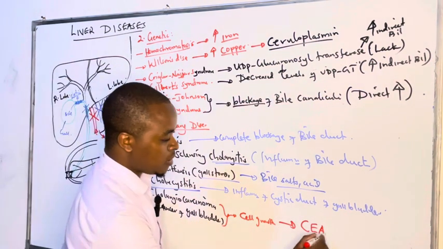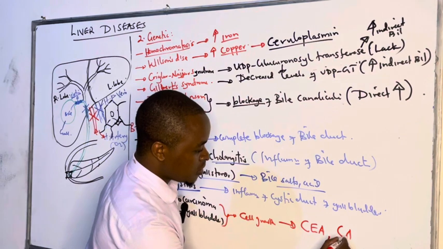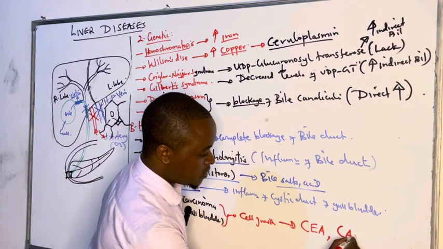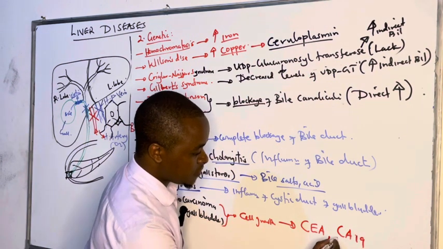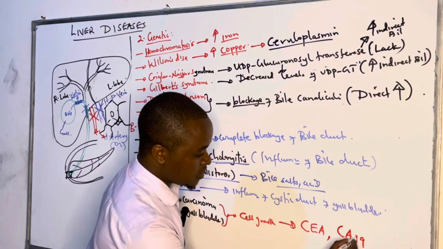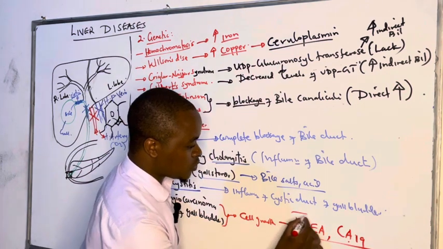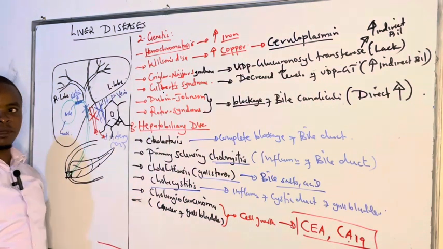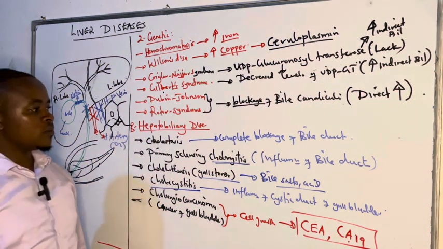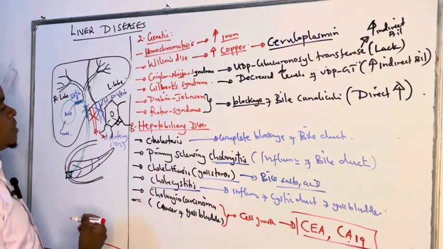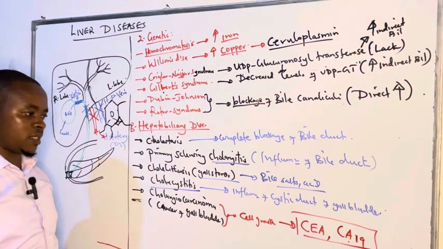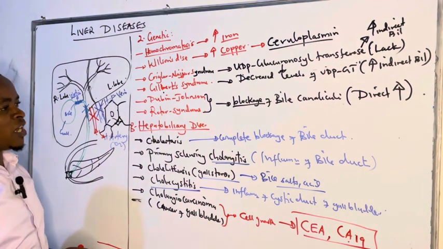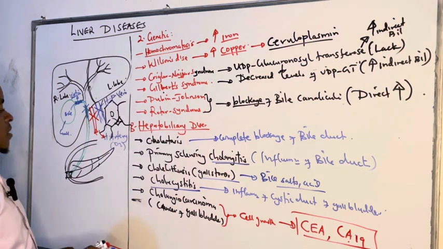And sometimes the doctors request even for CA 19-9 antigen, and this can help us also to diagnose cholangiocarcinoma or cancer of the biliary duct.